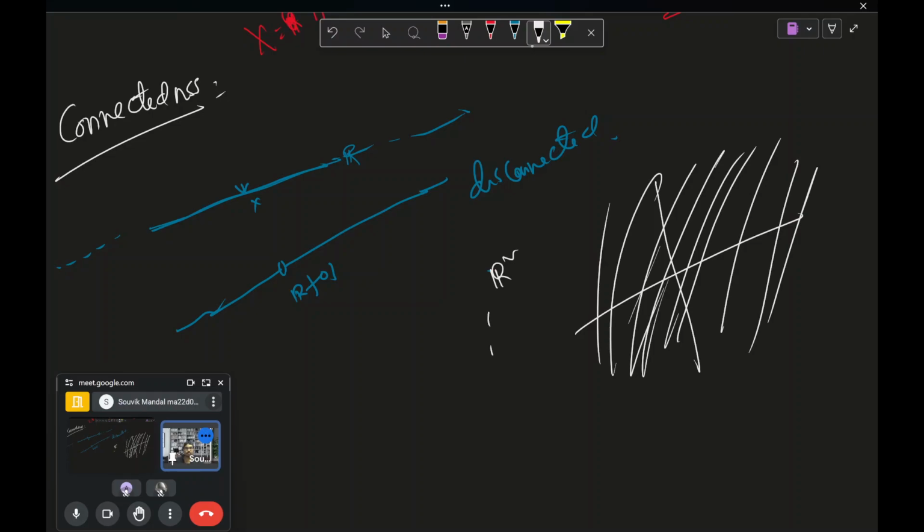But also if you consider R2 minus 0, only this 0 point will vanish.